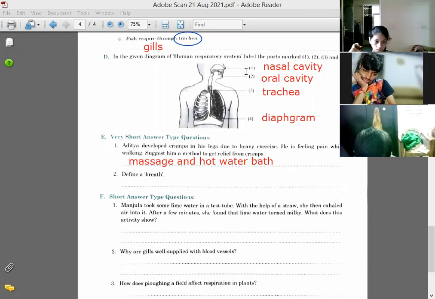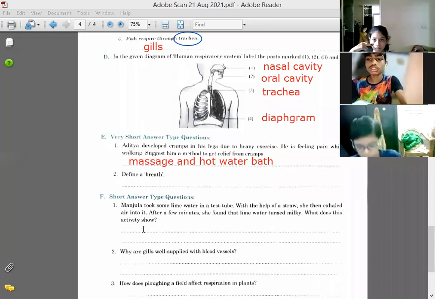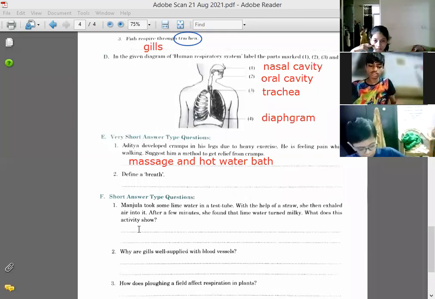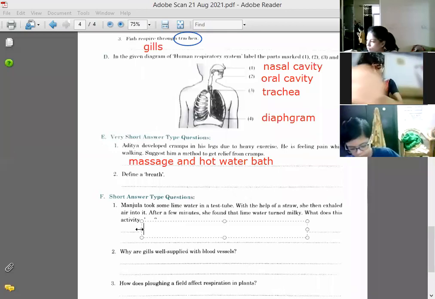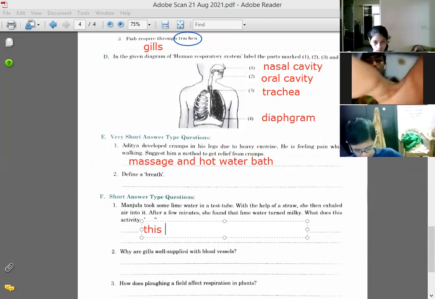Yes, Anya Jain. Ma'am, what did this activity show? Ma'am, that if we exhale the air, then the air has pressure.